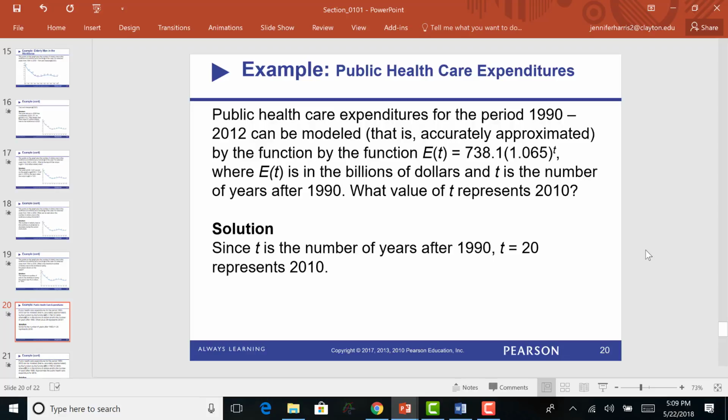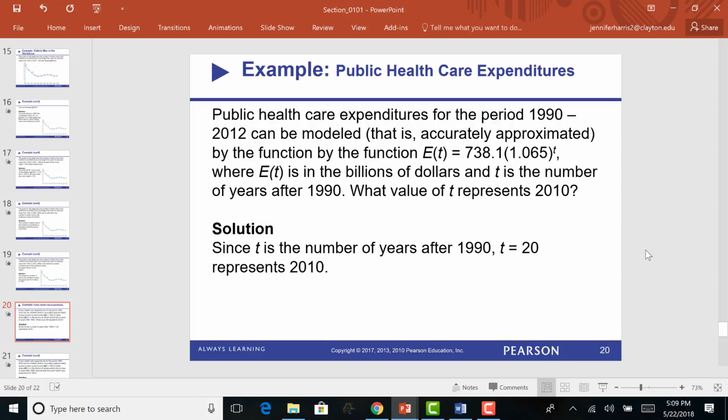What is the value of T that represents 2010? So, okay, how did you get 20? You counted from 1990 to 2010, or you just subtracted and got 20. So T is 20, since T is the number of years after 1990. So that represents 2010.